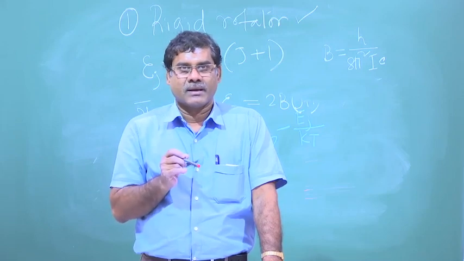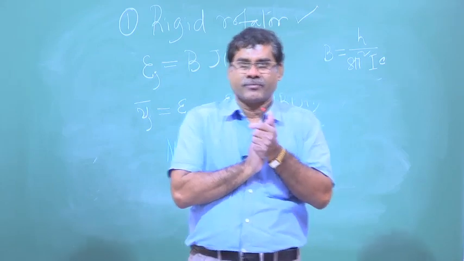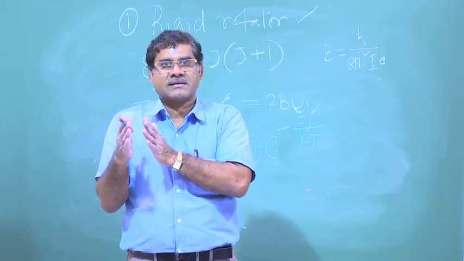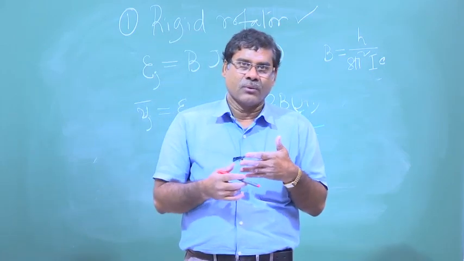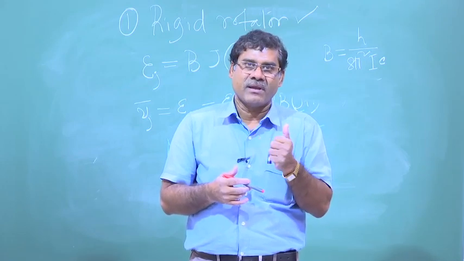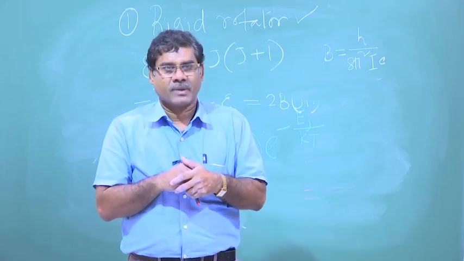That is why I said only the first line will have the highest intensity and from the next onwards the intensity drastically reduces. That is why we get bright intensity only for the first line in the case of the rigid rotator model.